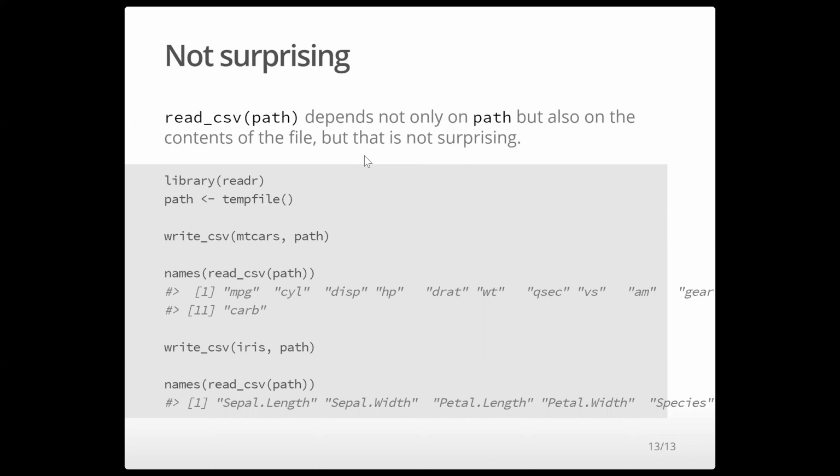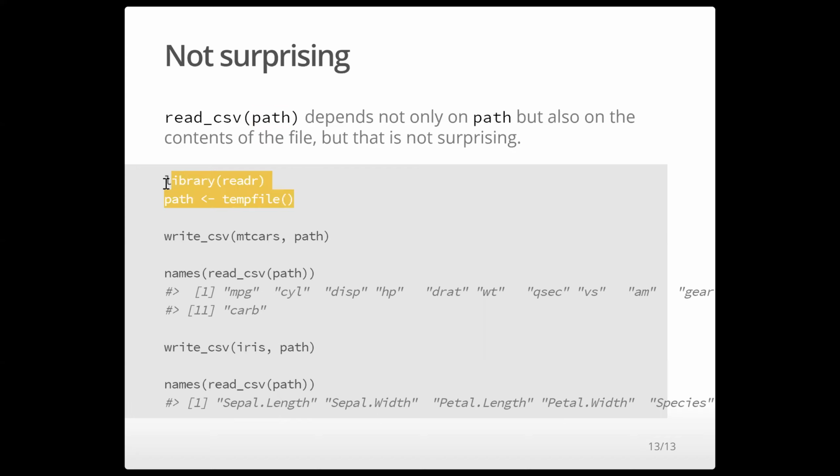But that's fine, right? Because you want to read a particular file, so you expect to get what the file contains. So that is an external effect, something that is outside the inputs, but still it's not surprising. So there's no problem with read_csv really.